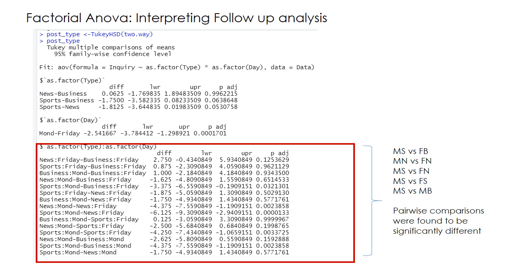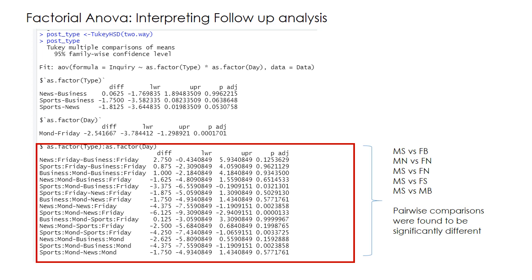Monday sports versus Friday business, Monday news versus Friday news, Monday sports versus Friday news, Monday sports versus Friday sports, Monday sports versus Monday business are the pairs that differ in number of inquiries, which is flagged as significant.